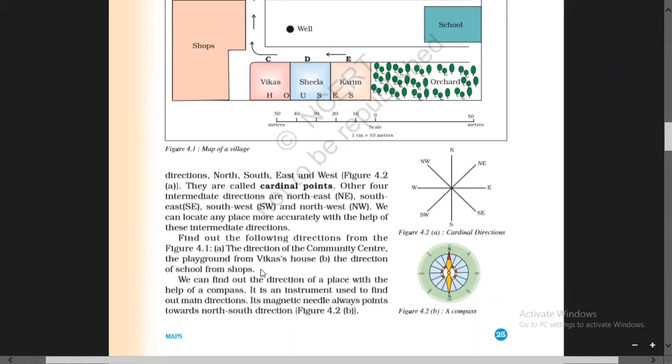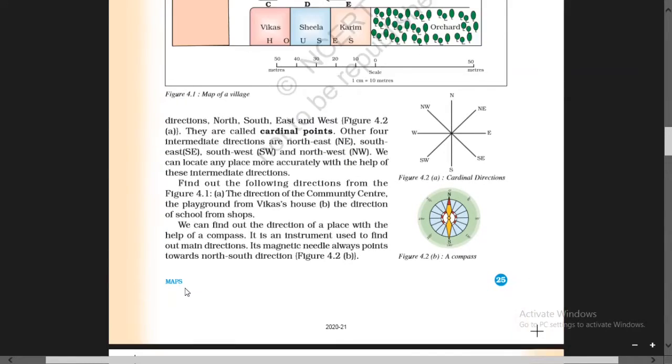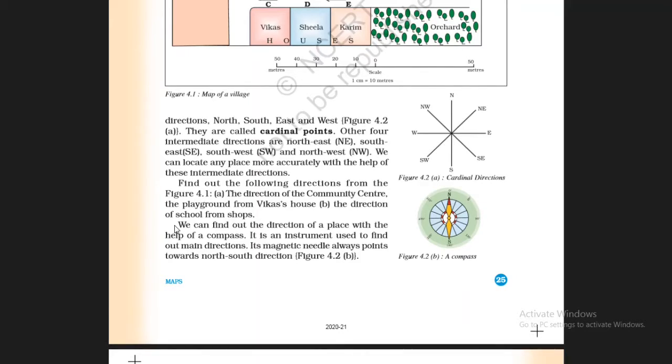That means from the above picture you have to find out. This is quite easy, I think you can do it.